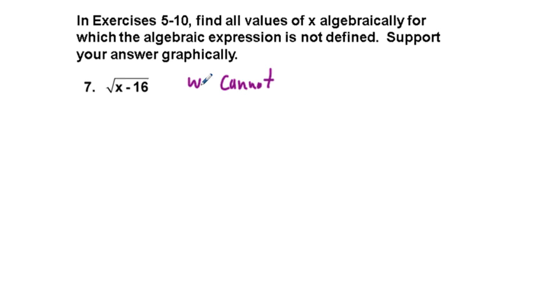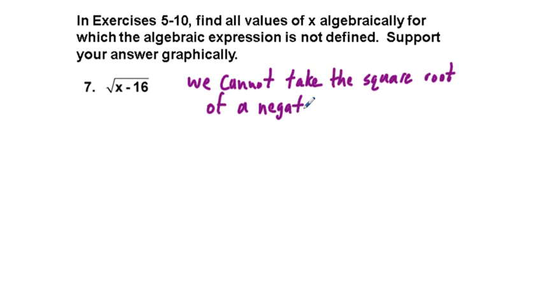We cannot take the square root of a negative number. So we know that what's inside this radical, x minus 16, has to be greater than or equal to 0.